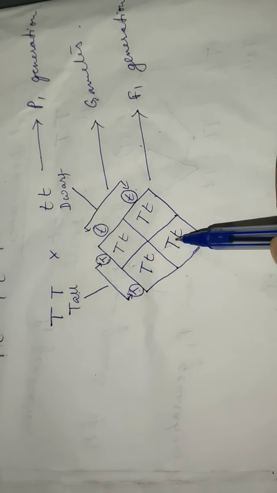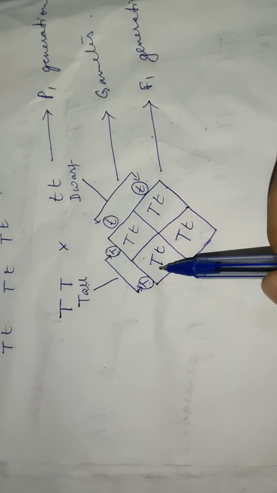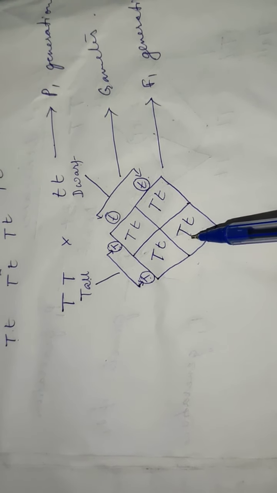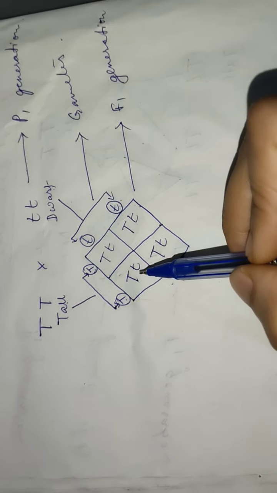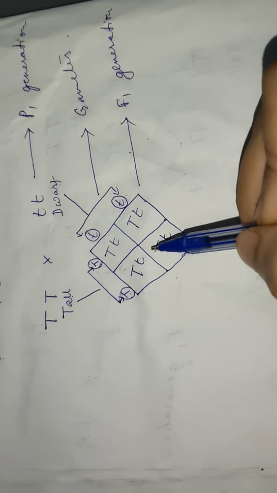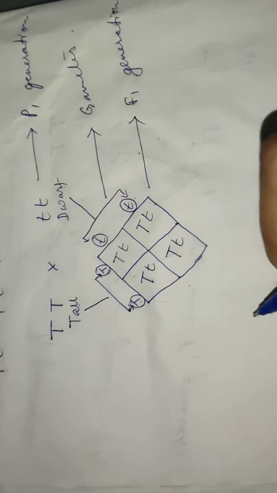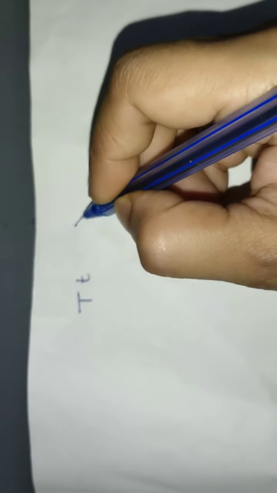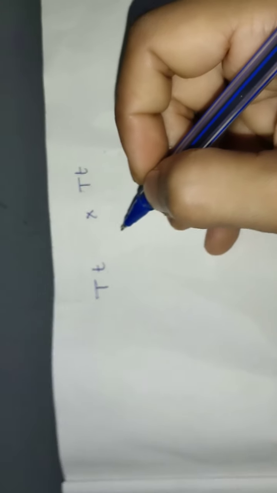Four offsprings are produced in the F1 generation, and if we self fertilize the F1 plants, then we will get the F2 generation. So all the plants in the F1 generation are identical, capital T small t and capital T small t. These are tall but heterozygous, not homozygous.